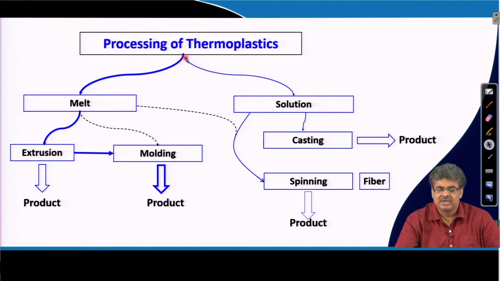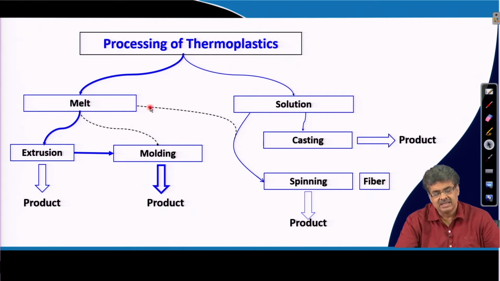A minor part of the processing is done in solution, that means the polymers are dissolved in solution and then cast to make products like film, or spun to make products like fiber.